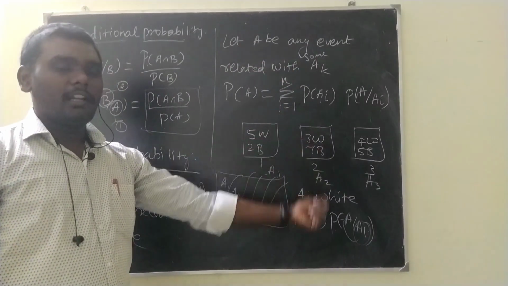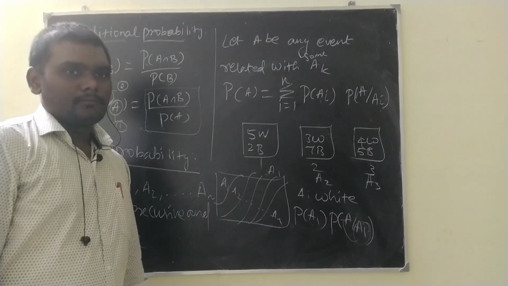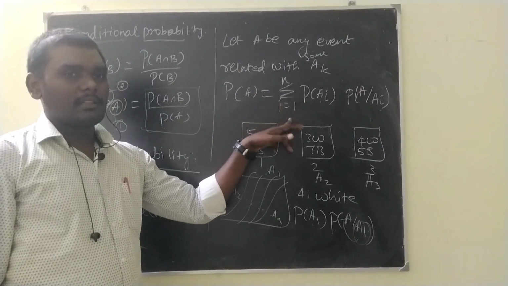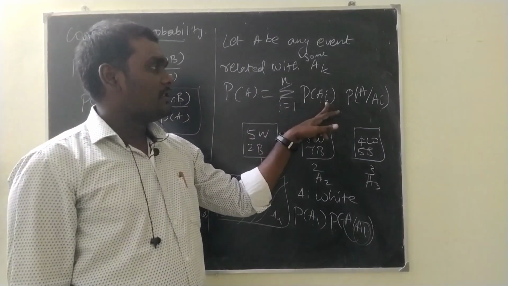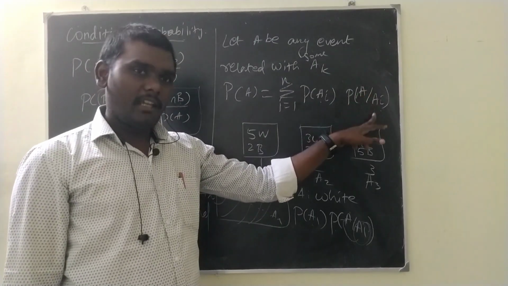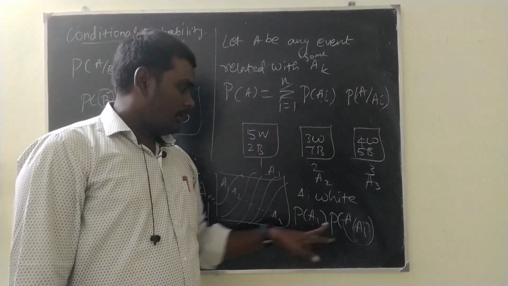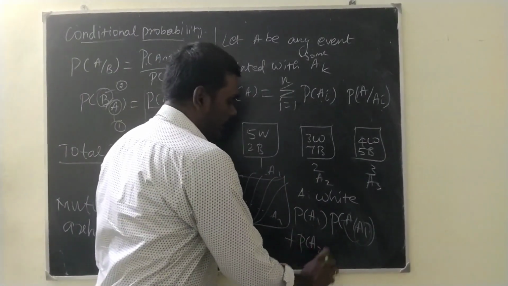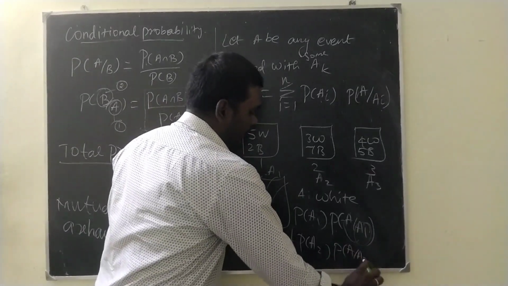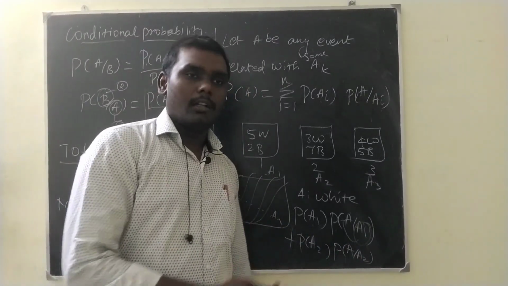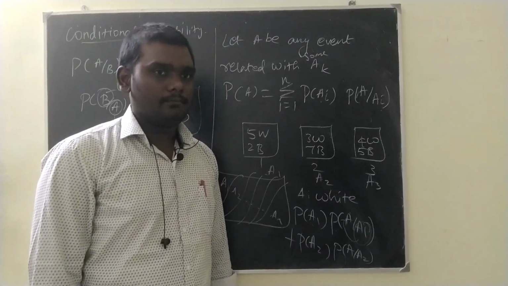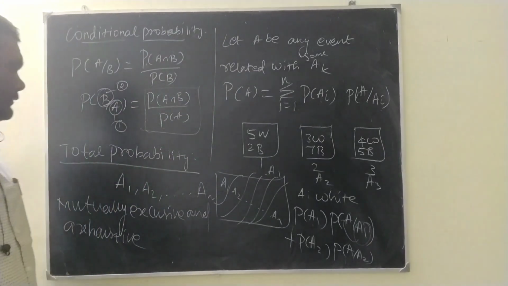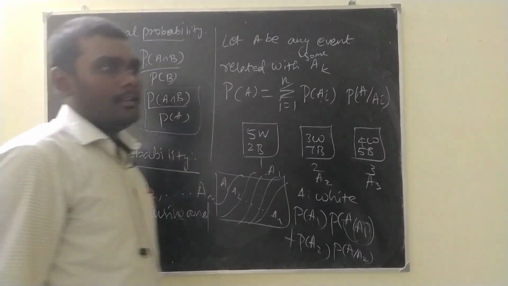Then the total probability of getting a white ball, sigma notation, means probability of choosing A1 into probability of A given A1, plus probability of choosing A2 and the probability of A given A2, then up to which number we have to write? 1, 2 already written, then up to 3. Any doubts in this? Now we are going to extend this to another extent.